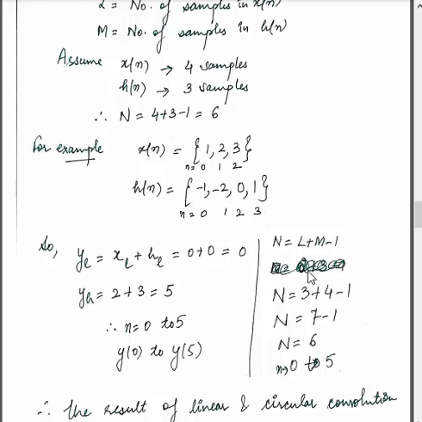We can verify it with the equation N is equal to L plus M minus 1. L is 3 samples, h has 4 samples so M is 4. 3 plus 4 is 7, 7 minus 1 is 6, which means n is 0 to 5. That's why the results of linear convolution and circular convolution are not the same.